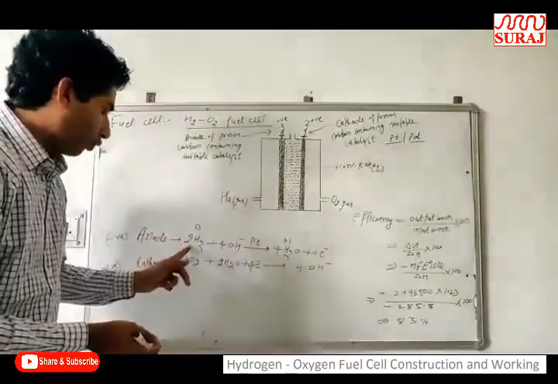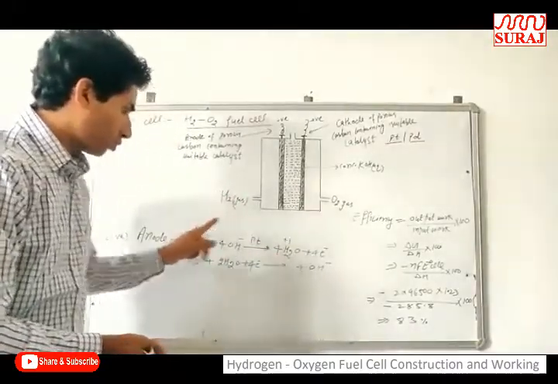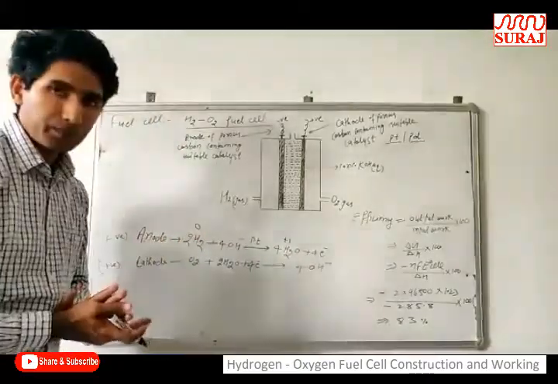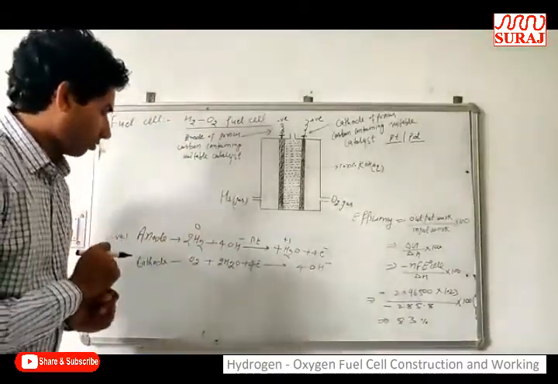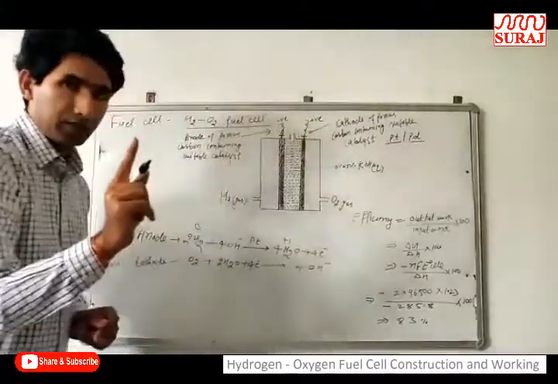So we have 4 hydrogens which change oxidation state from 0 to +1, so 4 electrons are released by the hydrogen. Clear, bachcho?